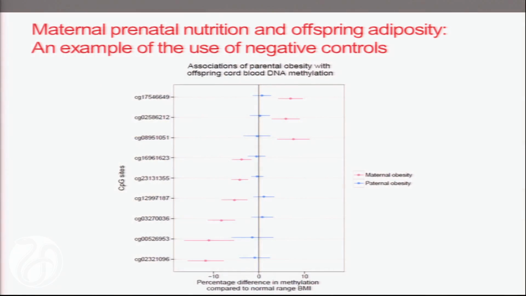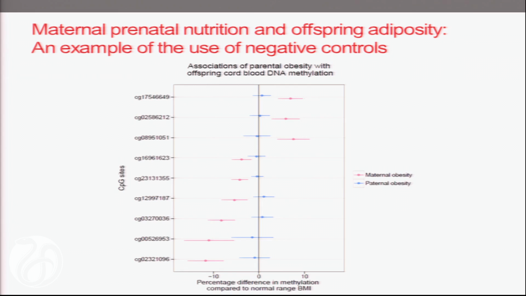So here we have done exactly that. We've taken the top differentially methylated sites from our maternal overweight association shown a few slides ago, the maternal overweight and offspring methylation, and those are the plots shown in red here. So these are loci that are hypermethylated in children born to mums who are overweight, and these are hypomethylated.